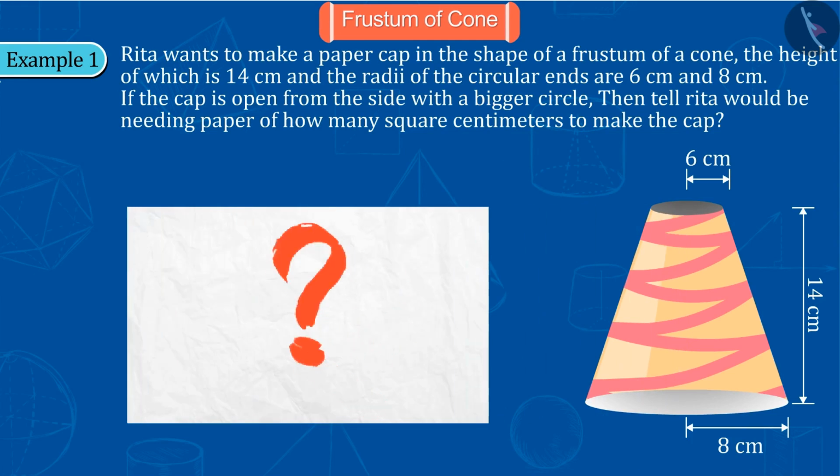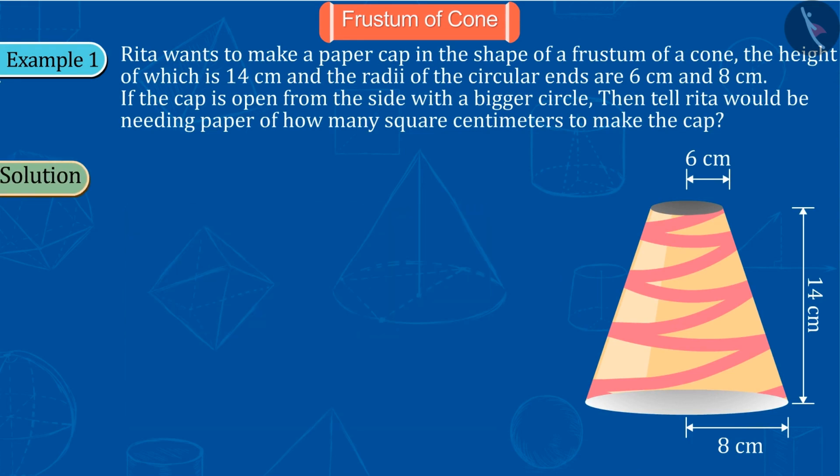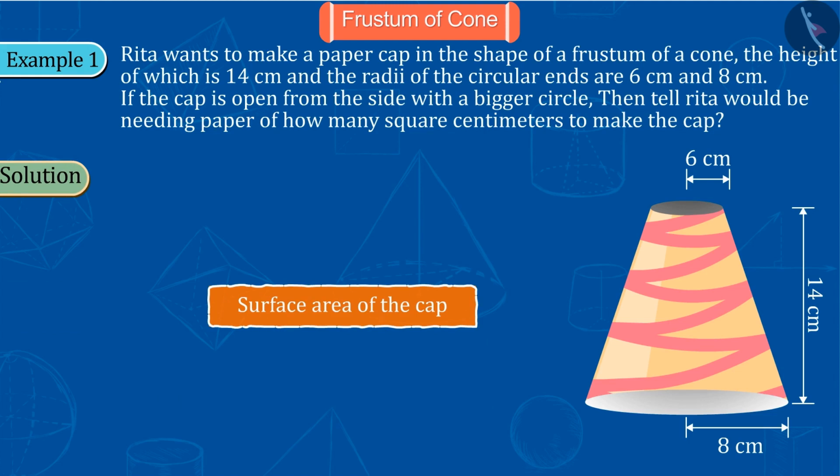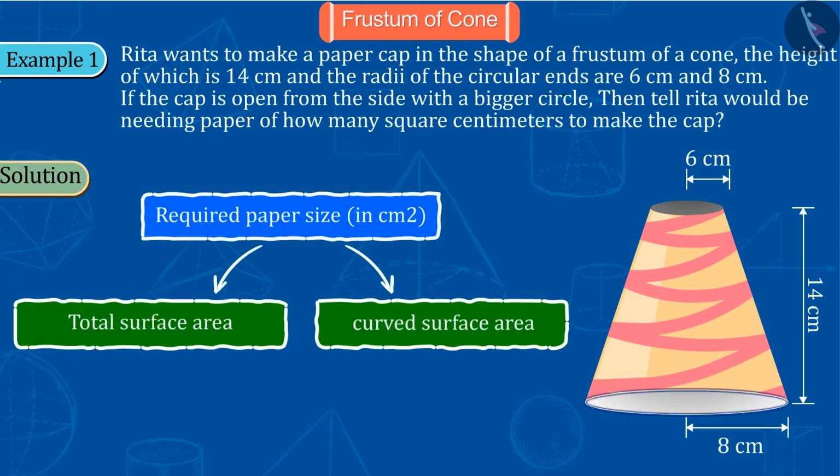Can you tell how we can find the size of the paper? Absolutely correct. For this, we have to find the surface area of the cap. Because the cap is open from the bottom and closed at the top, we will not find the total surface area.